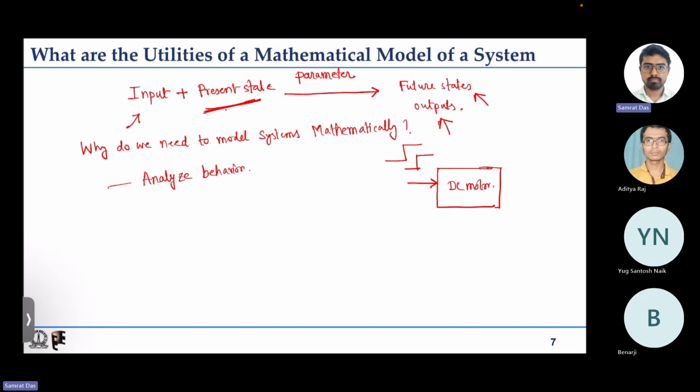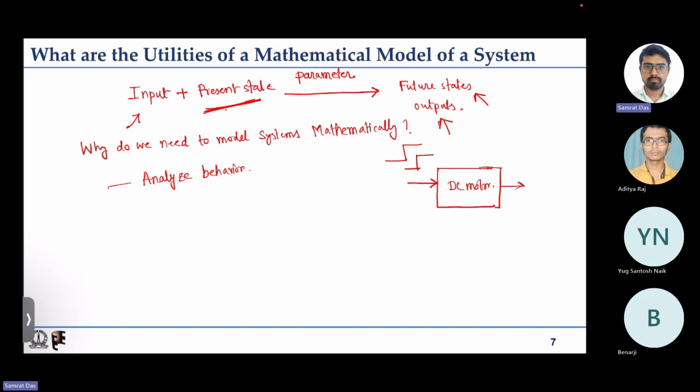The utility of a mathematical model is that, if it is a reasonably accurate model, we do not need the physical system to analyze its behavior. We can simply make a mathematical model of the DC motor, apply the same inputs we want to apply, and see how the system behaves.